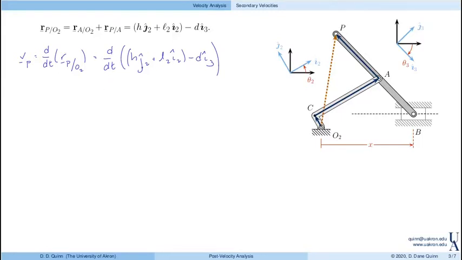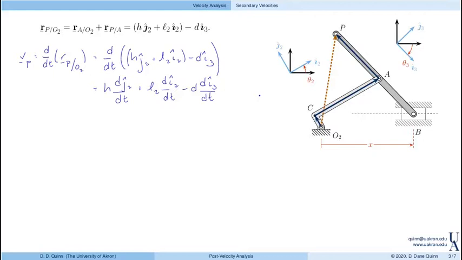Using the product rule here, h is constant, so this first term, the change is only due to the change in the direction of J2. Likewise, the second term, L2 is constant, so it's only due to the change in I2. And then finally, we have a term that looks like the derivative of I3 with respect to time.